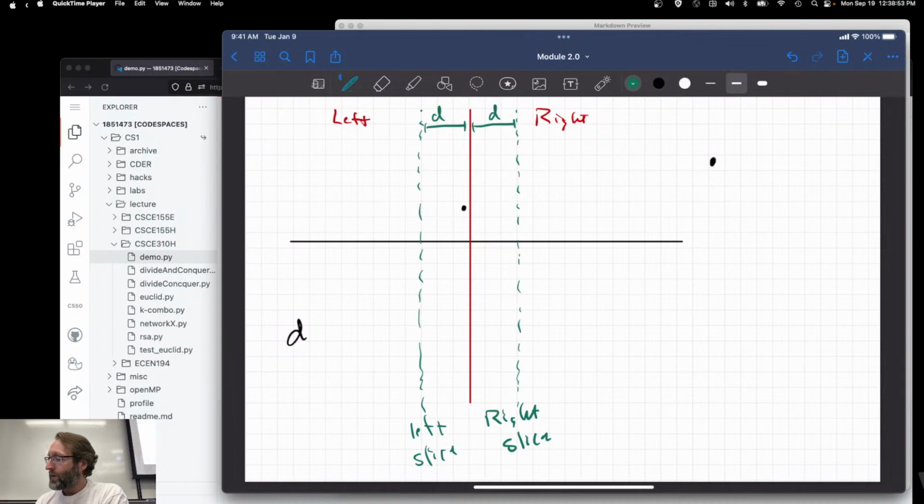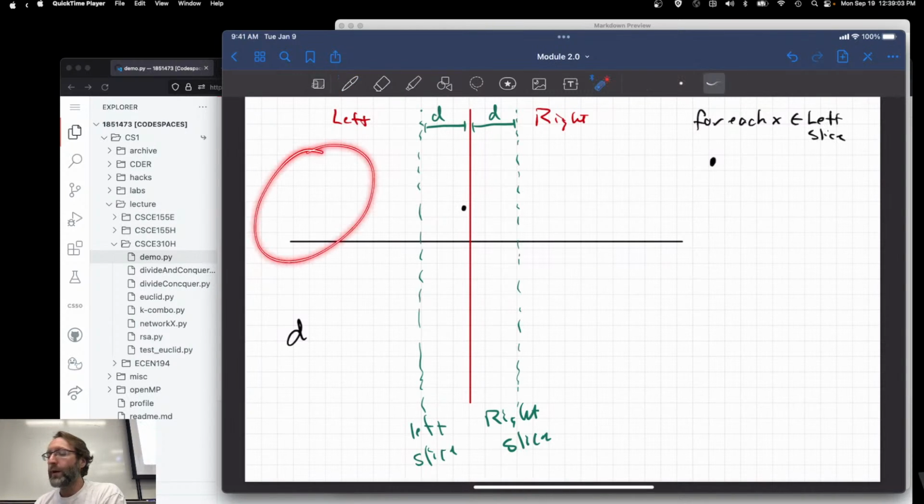Okay? So for each x in the left slice, we don't need to compare everything over here either, for the same reason. If it's way over here, more than distance D away from the dividing line, it's not going to be any closer to something over here or over here.